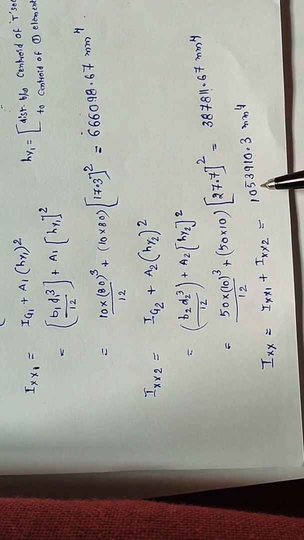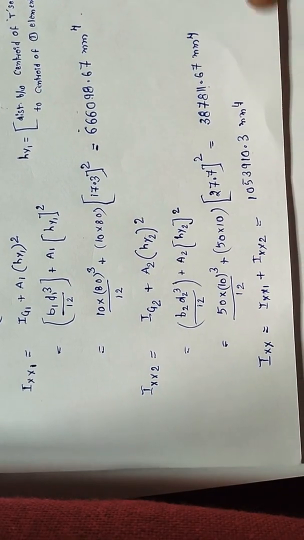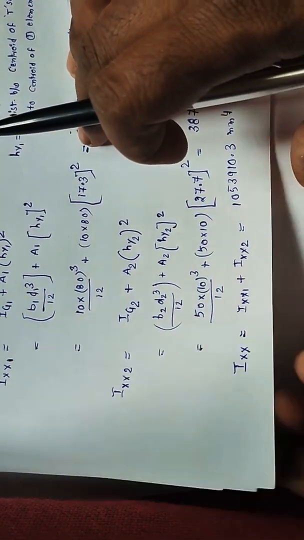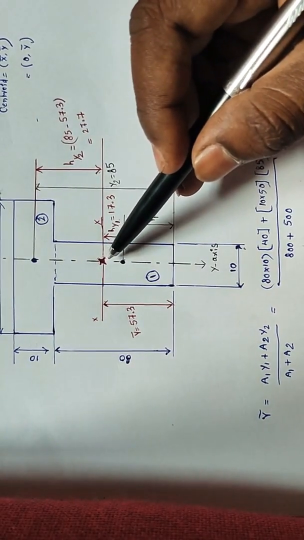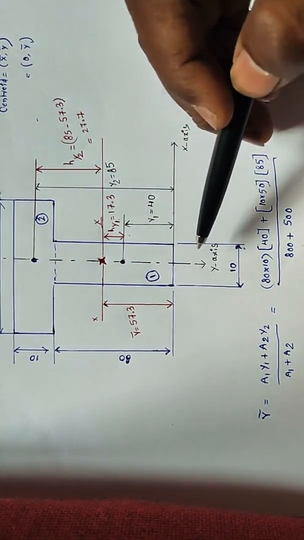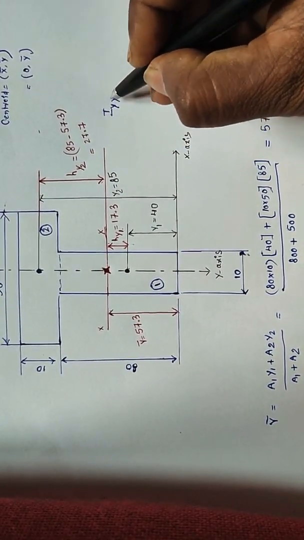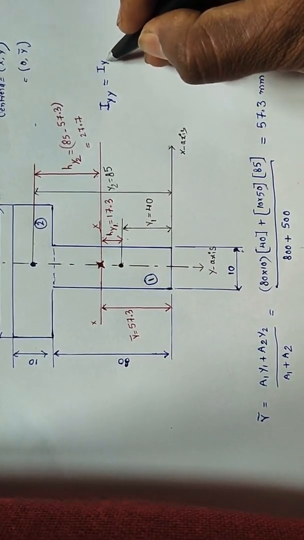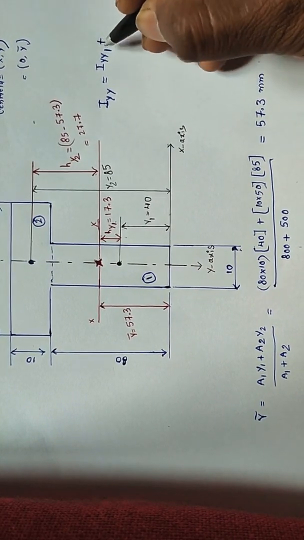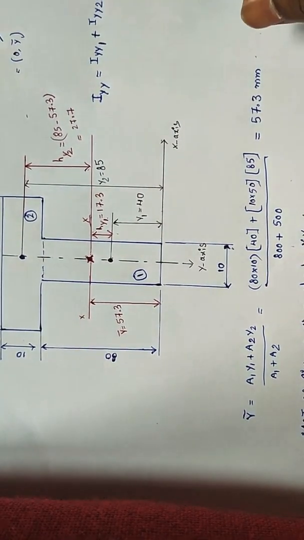Now we have to find out moment of inertia of given section about y axis. So here, about the y axis means, centroid always lies on y axis. So Iyy, moment of inertia about centroidal y axis will be equal to Iyy1 when you consider first element, and when you consider second element it is Iyy2.